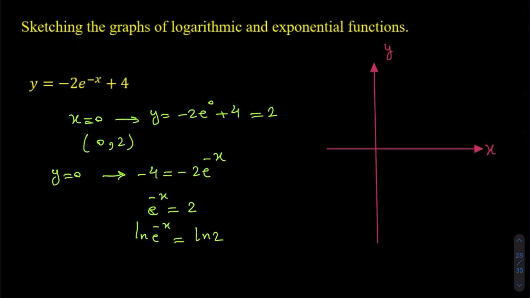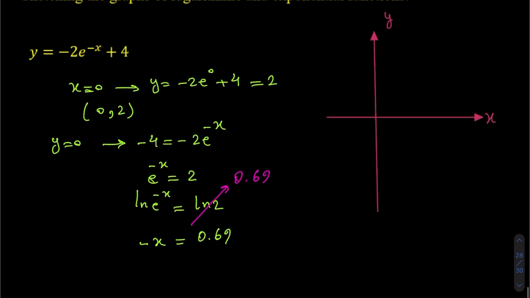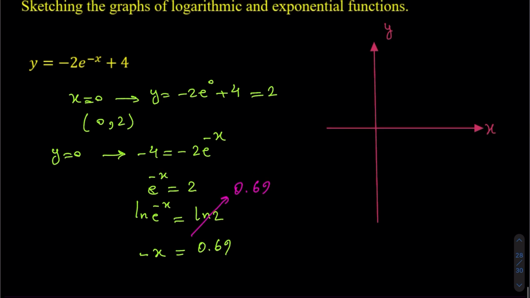So ln 2, or natural logarithm of 2, is equal to 0.69, and ln e to the power of negative x is equal to negative x, which means x is equal to negative 0.69.